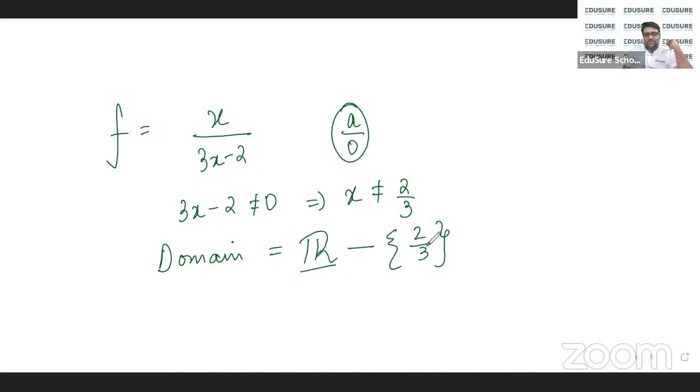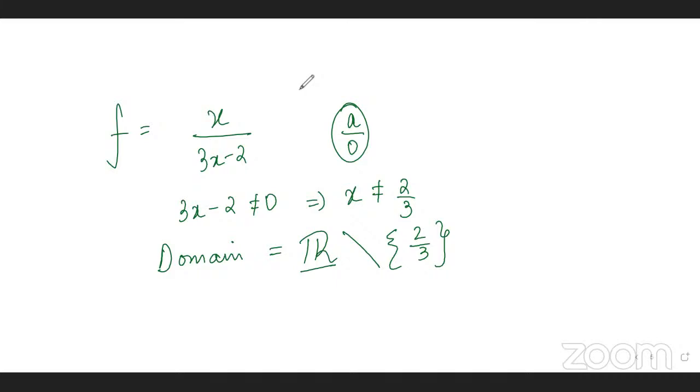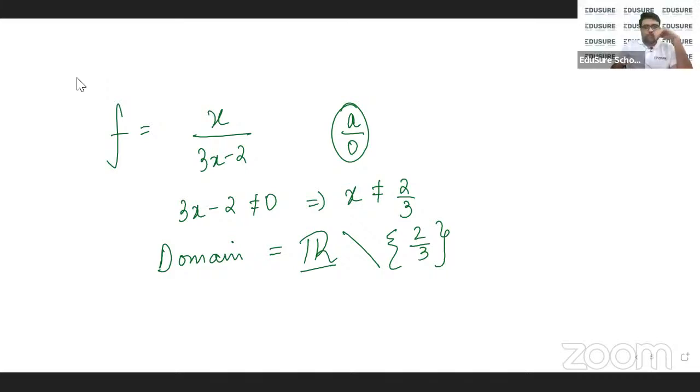You can write it as R minus 2 by 3, or you can write it like this, except 2 by 3. So all values except 2 by 3.